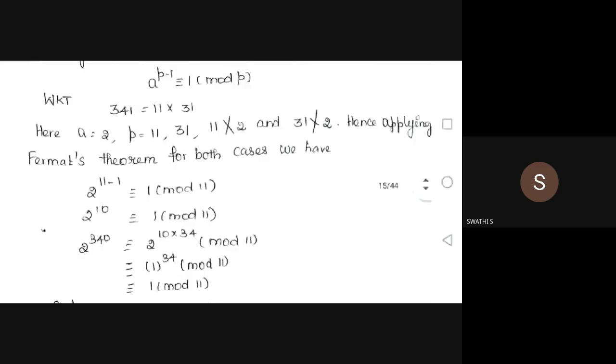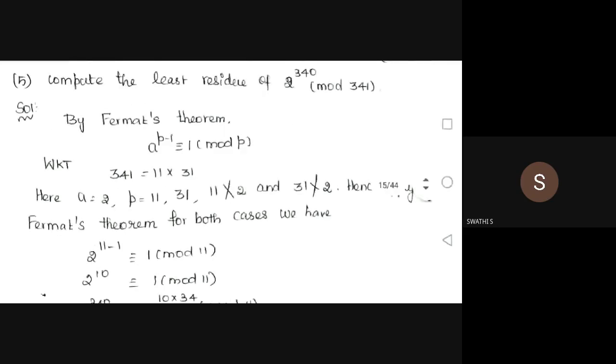So 11 does not divide 2 and 31 does not divide 2. By Fermat's Little theorem, 2 power 11 minus 1, so 2 power 10, is congruent to 1 mod 11.